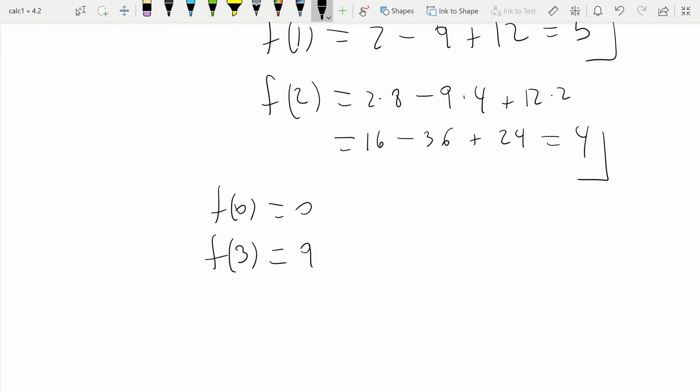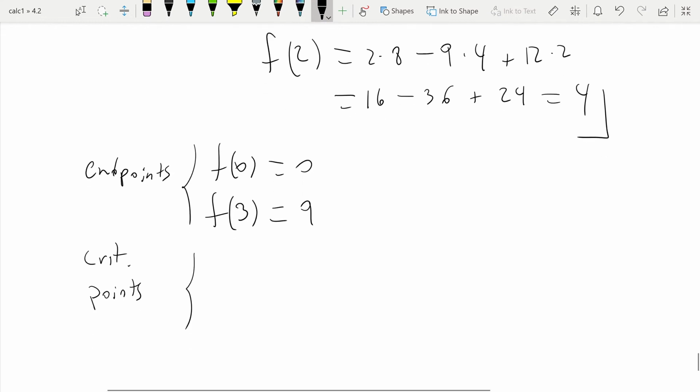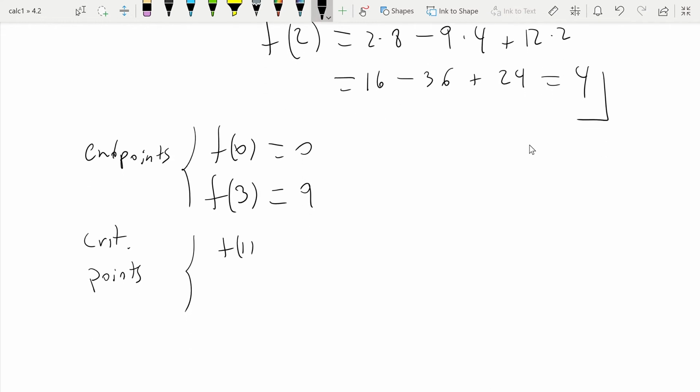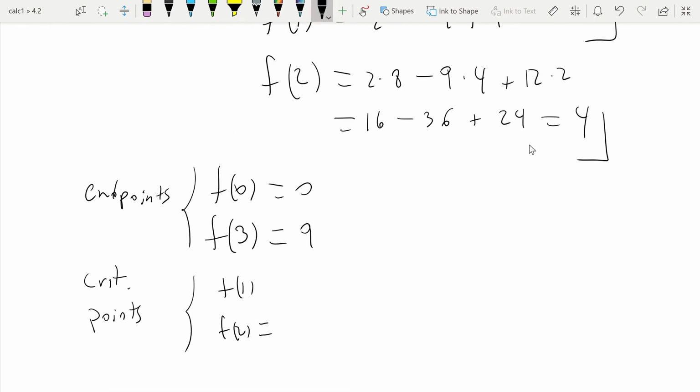These were the endpoints. And we have the critical points, f of 1 and f of 2. f of 1 gave us 5, and f of 2 gave us 4.